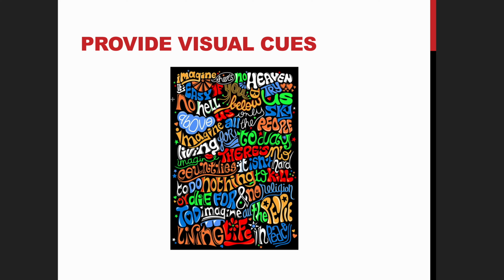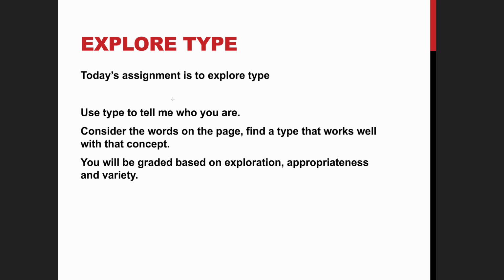A typeface can visually look different and support your message in different ways. So these are some examples of text. It's typography, but it's not just your simple basic words, right? We've seen this all the time, but we don't really think about it as typography, but it actually is. And it's providing visual cues for a specific purpose.